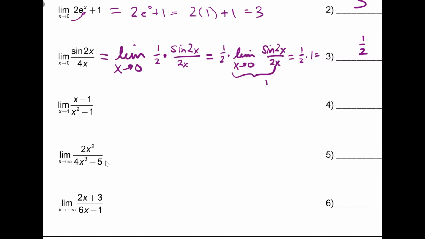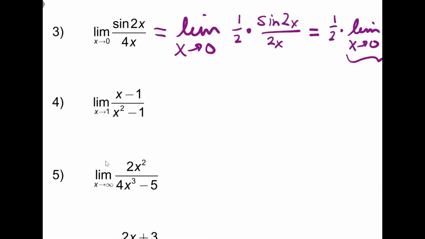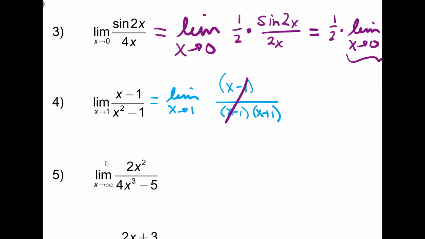Perfecto. Let's go to Ty. You haven't done one yet. Do you want to try this one? Sure. Perfect. Factor the bottom to x minus 1, x plus 1. And then you can cancel out both x minus 1. So what is happening at x equals 1? There's a hole.